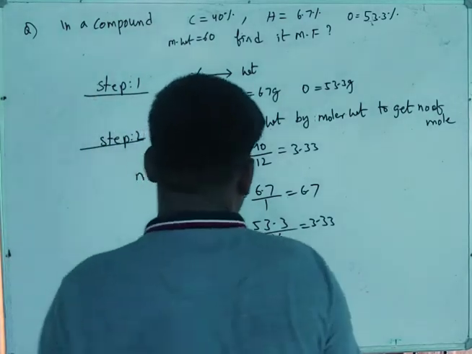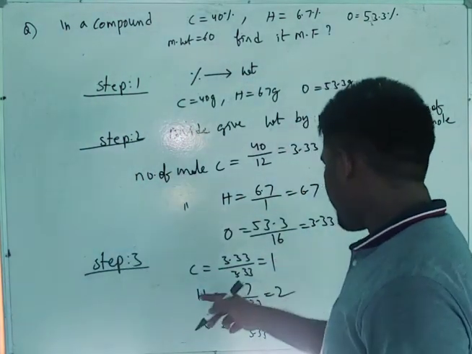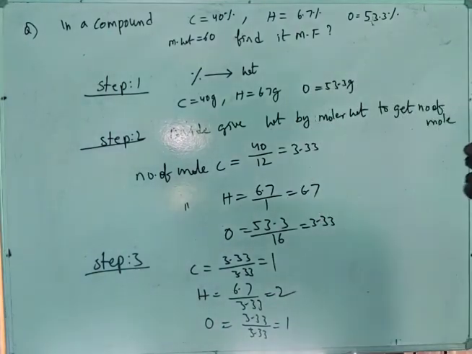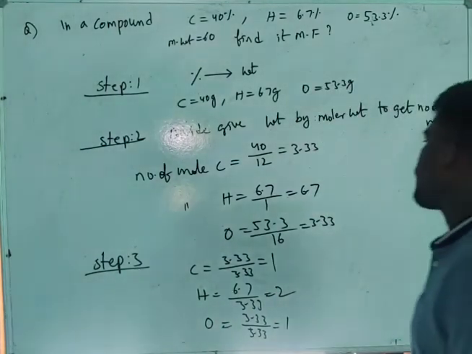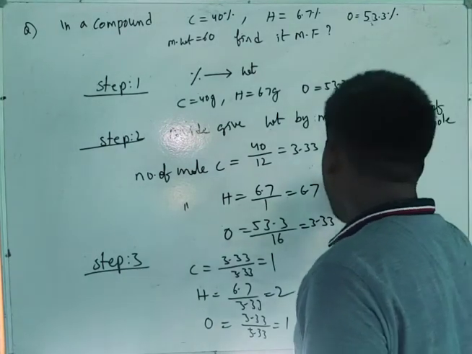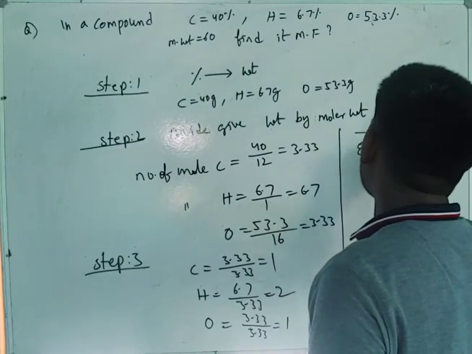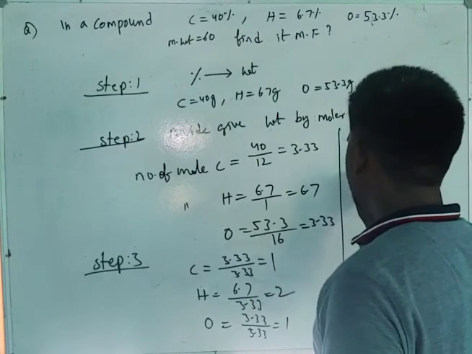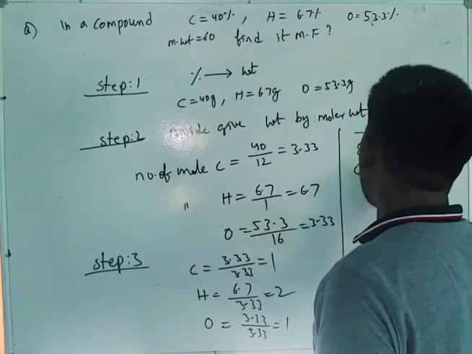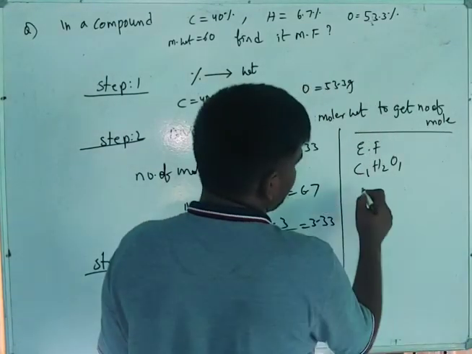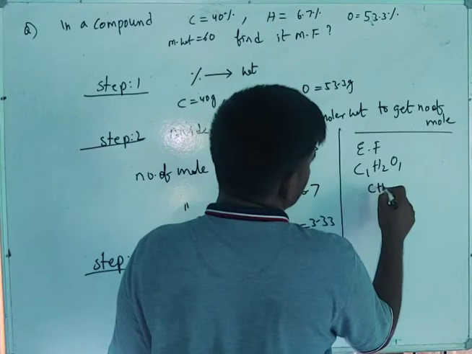So now 1 carbon, 2 hydrogens and 1 oxygen are present in the empirical formula of the compound. So now here I will write: empirical formula of the compound is C1H2O, or you can write it like this also, CH2O.